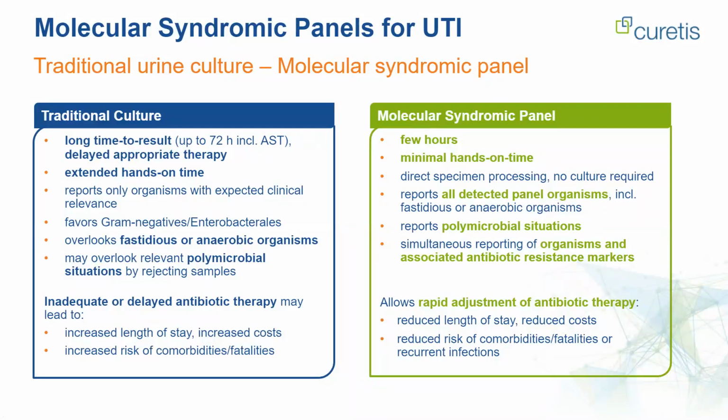Inadequate and delayed antibiotic therapy may lead to an increased length of stay for the patient and even to an increased risk of comorbidities or fatalities. On the other hand, a syndromic panel provides results within a few hours, requires minimal hands-on time, covers all panel organisms, and simultaneously includes the resistance markers. Therefore, it may allow an earlier appropriate therapy or a rapid therapy adjustment.